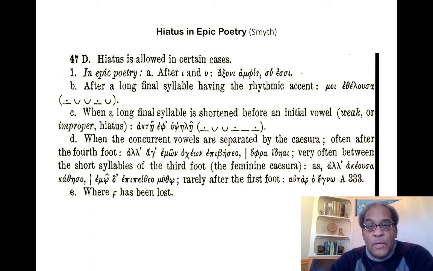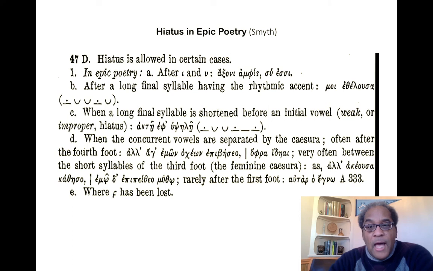That's known as weak or improper hiatus. Akte ep' hupselei, upon the high bank: long, short, short, long, long, long. And D, when the concurrent vowels are separated by caesura, often after the fourth foot.